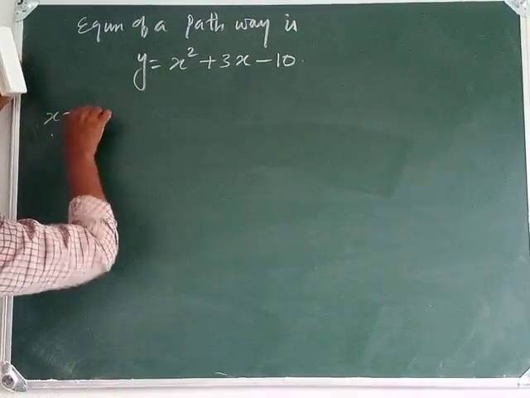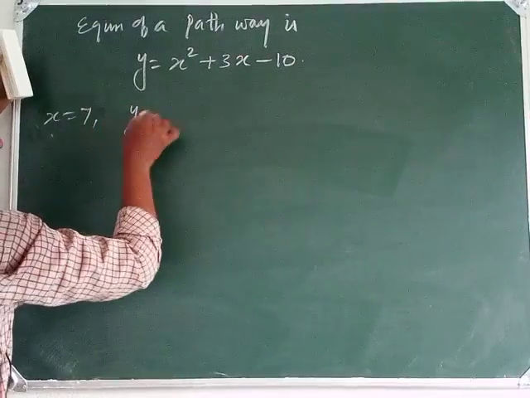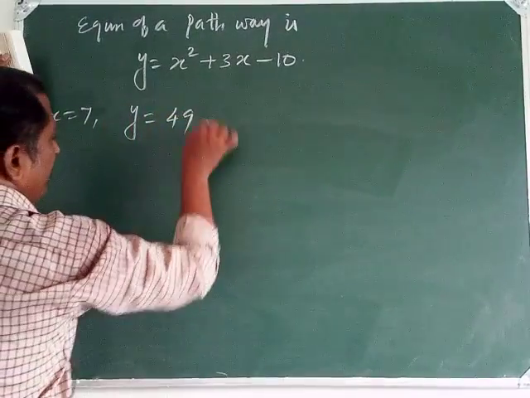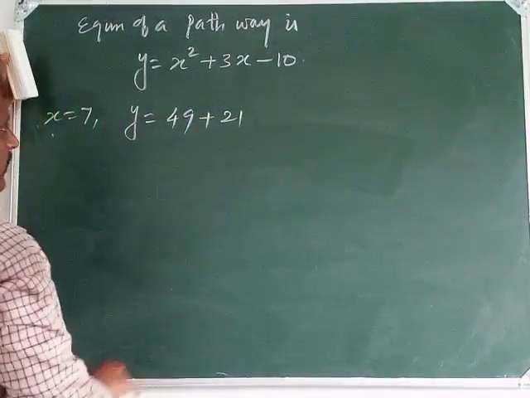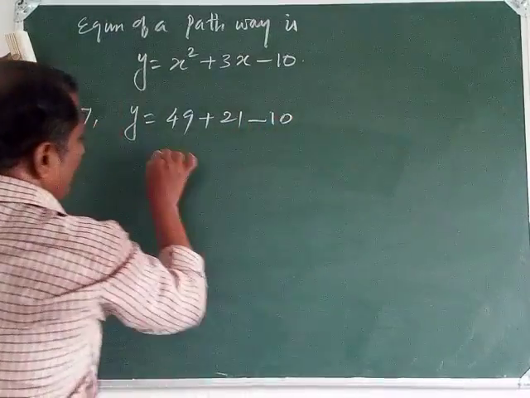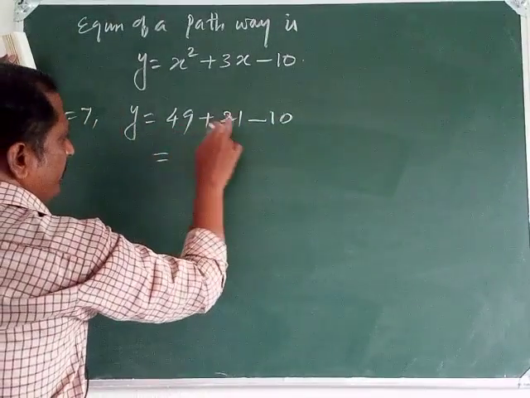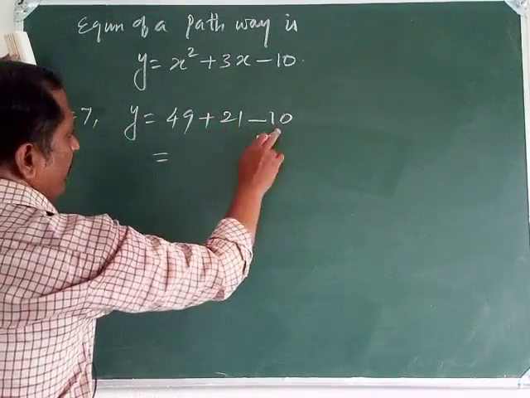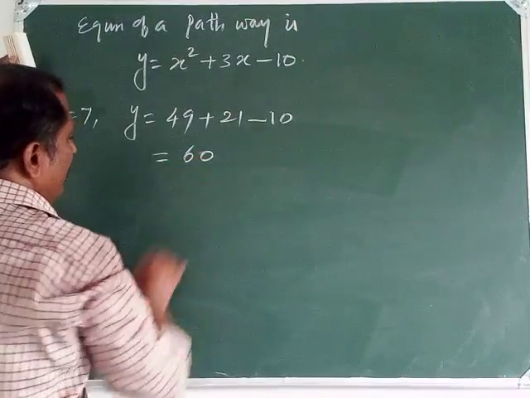Substituting x is equal to 7, y is equal to 7 squared, 49, plus 7 3s are 21, minus 10. So 49 plus 21 is 70, 70 minus 10 is 60.